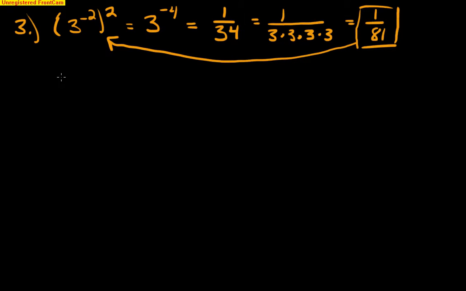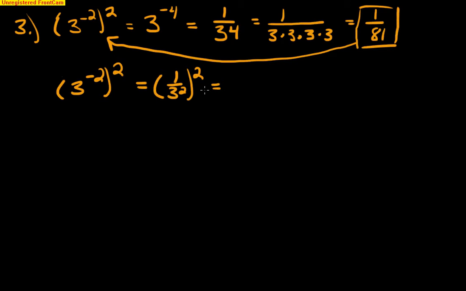So if we have that same problem, 3 to the negative second power, to the second power. Let's look at the 3 to the negative second power first. Again, 3 to the negative second power is the same thing as 1 over 3 to the second power, and then put the second power out here. Hopefully you're following me so far.